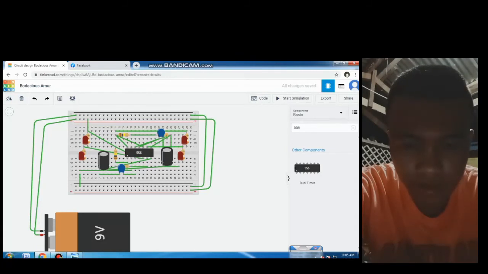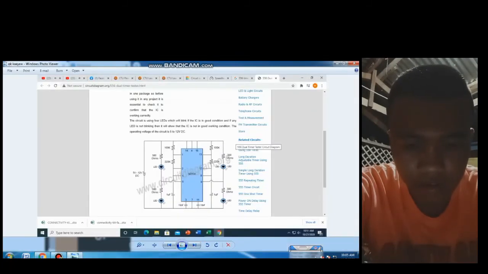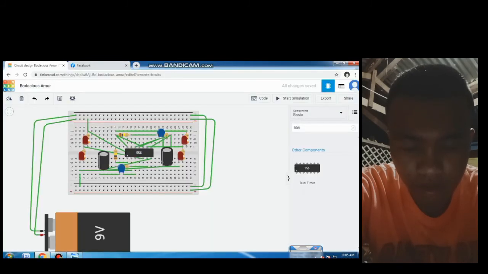Okay, let's check again the schematic diagram for short. Okay, let's check the wirings.